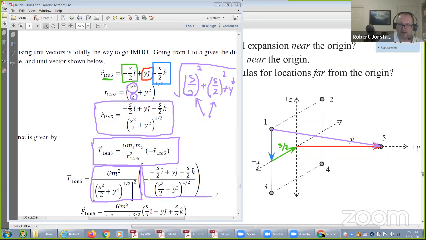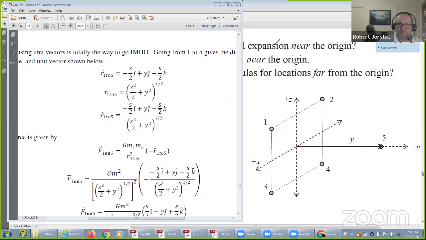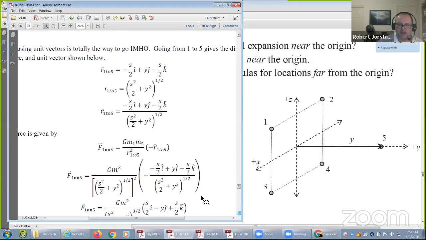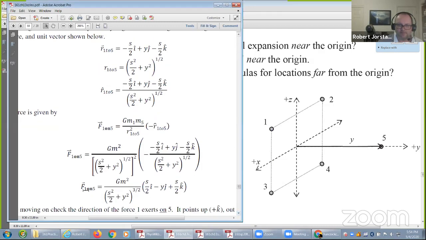This is minus r hat. I'm not thinking too much. I'm just doing what the math tells me. Notice this squared and this half cancel out. I get this crap. There's the force.